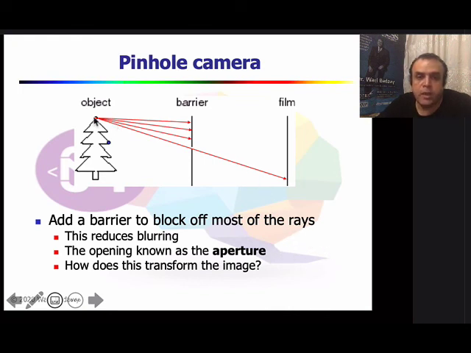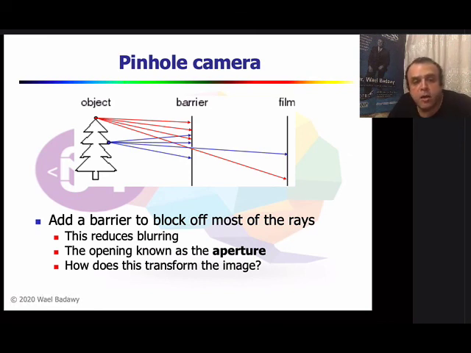In this way, the top of the tree will send the information only to one spot in the film. And if you keep going in this way, you will notice that every single dot on the object will go to only one spot on the film. So in this way, we can have a one-to-one correspondence of locations.